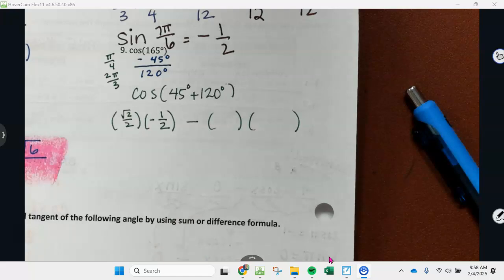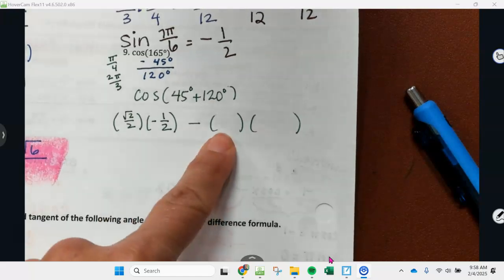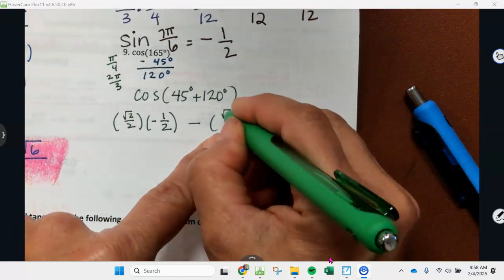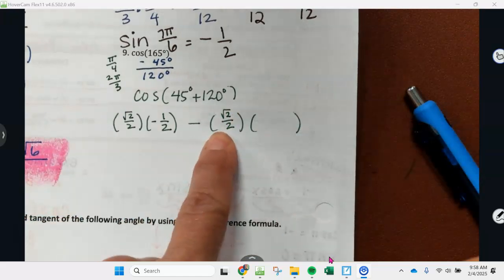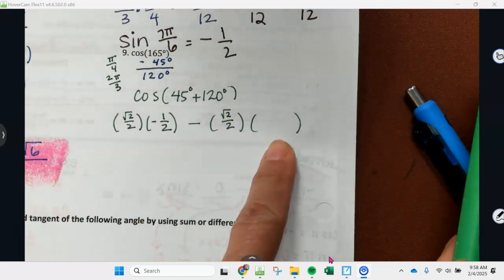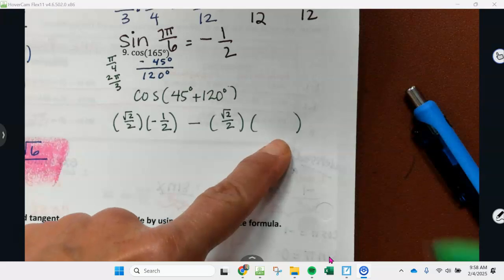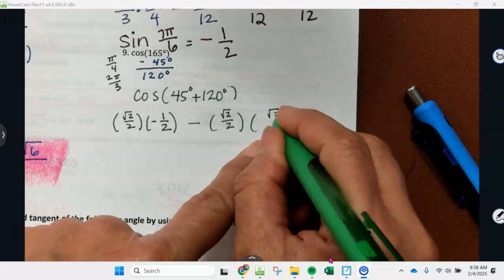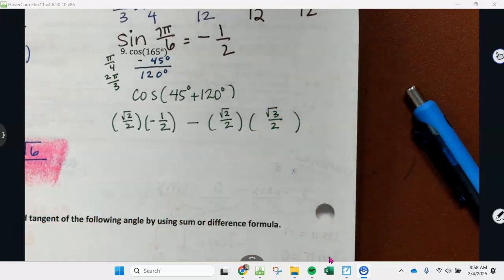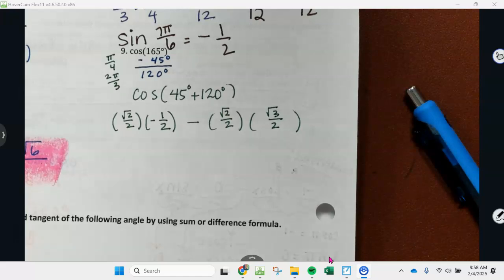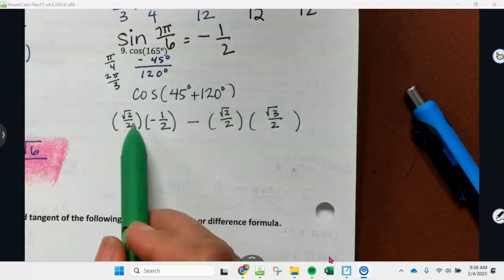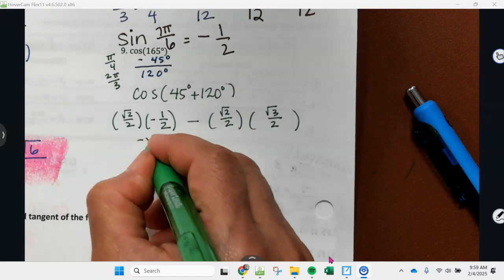All right, time for the sine values. Sine value of 45 degrees is root 2 over 2. Sine value of 120 degrees is going to be a positive root 3 over 2. Just do our order of operations, clean this up a little bit. A positive times a negative is a negative.